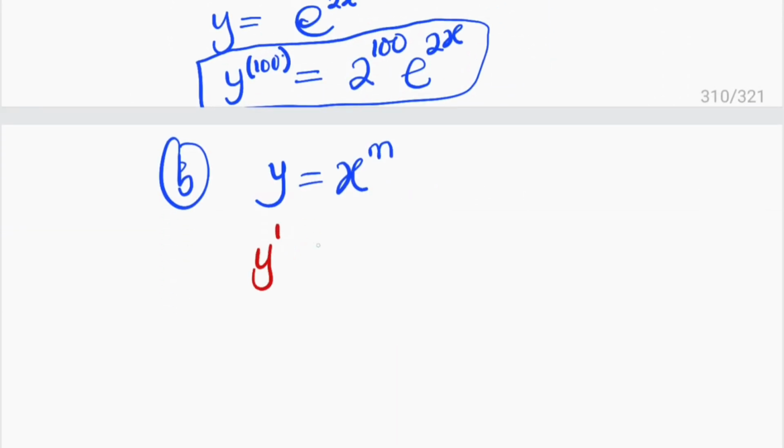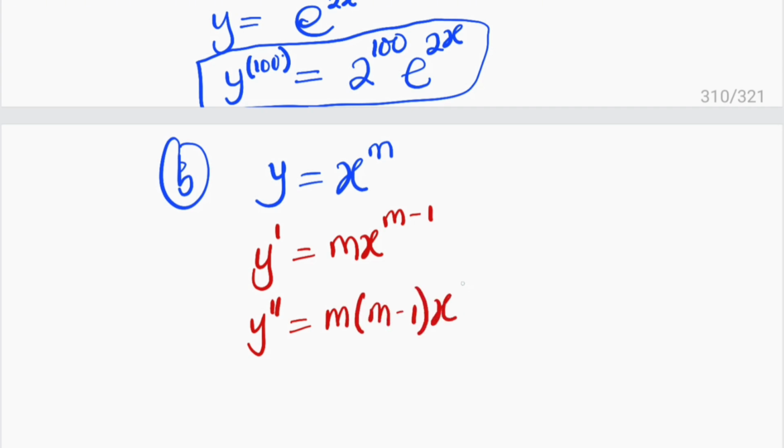The first derivative, remember this is the power rule. You drop the power, it is going to multiply the function, m times x, then you subtract 1 from the exponent, m minus 1. This is the first derivative. The second one, this power will drop down to multiply. Already we have m. It is going to multiply m minus 1.